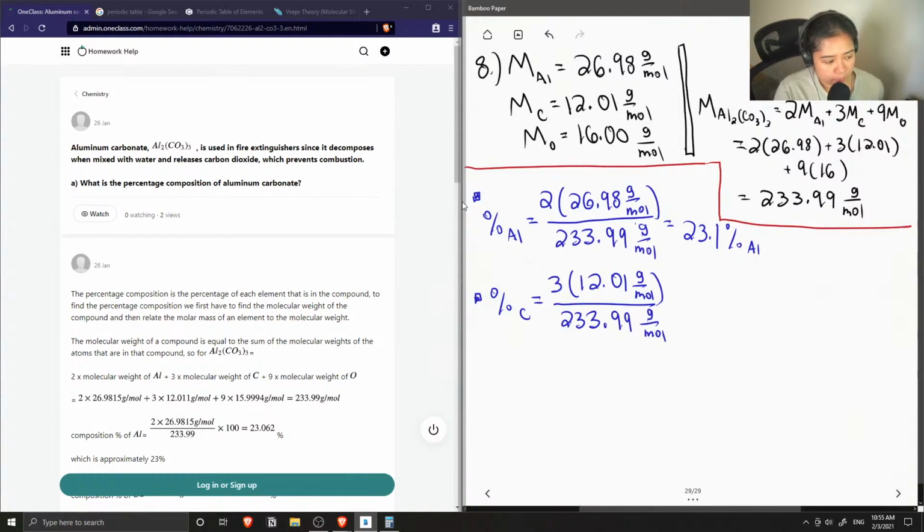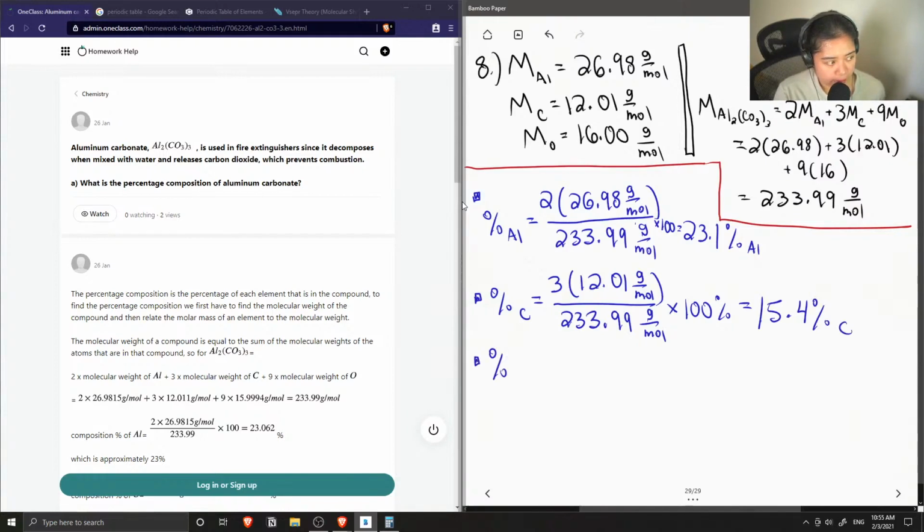Oh, forgot to add that we need to multiply by 100, obviously, to get the percentage. So all of this multiplied by 100 gives us a percent composition of around 15.4% of carbon.